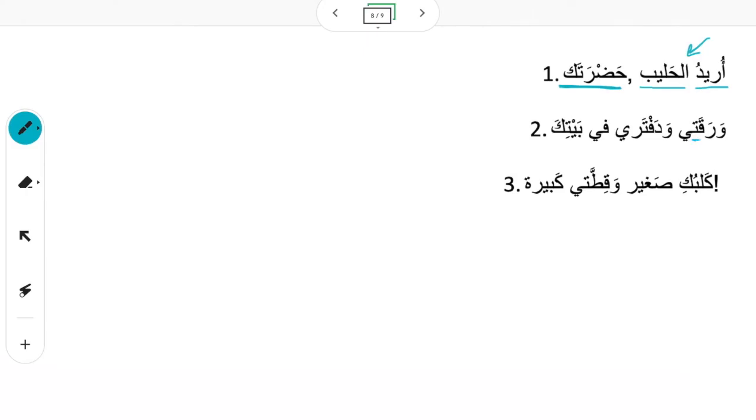It's like saying, please, or excuse me, sir, I want milk. ورقتي, ورقة is paper, so my paper. ورقتي and ودفتري, my paper and my notebook. في in بيتك. بيت is house and the ka is yours. So my paper and my notebook in your house. So you can just translate it with it is, because that's what's implied. My paper and notebook are in your house. Is or are. Okay.